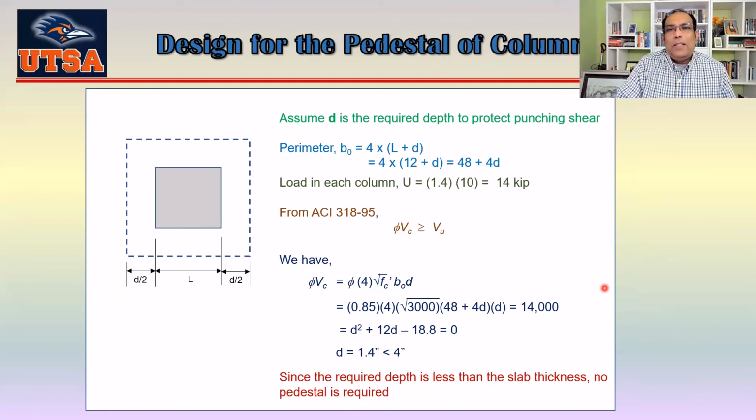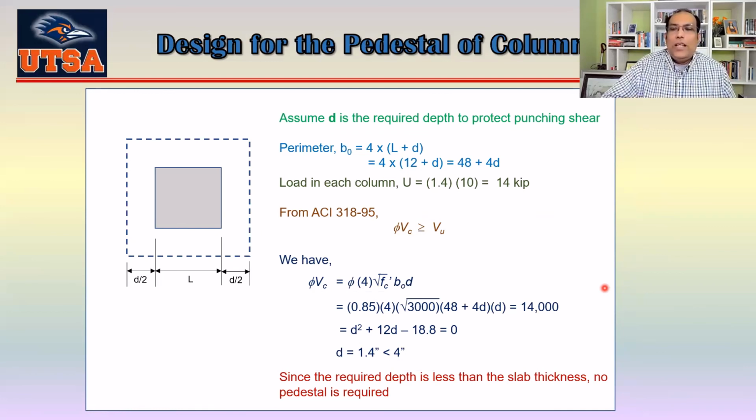So what happens, the most common thing is, if the column has very high loading, then basically this one will try to punch through the slab. So many times, if we see that the punching shear could cause the failure, then basically you have to design a pedestal below the column so that it cannot punch through that.